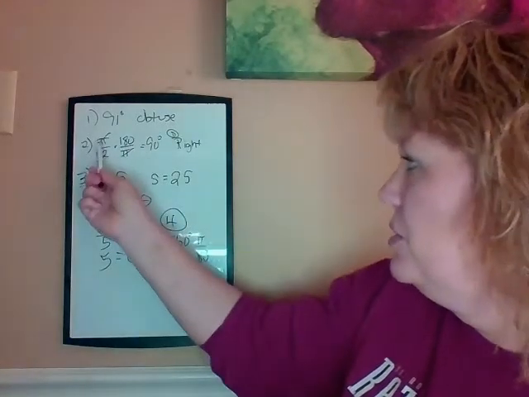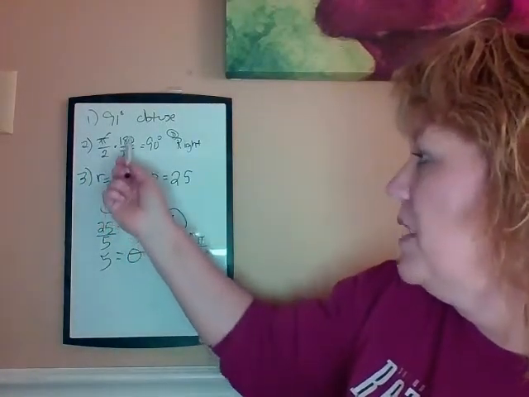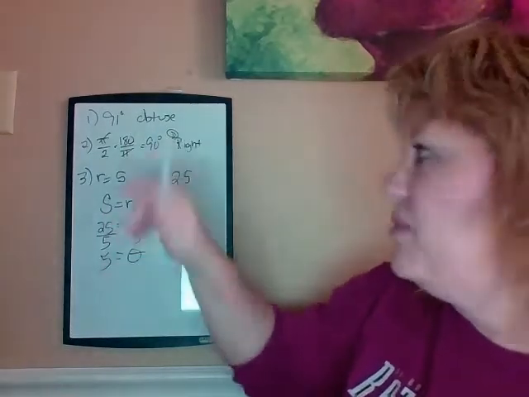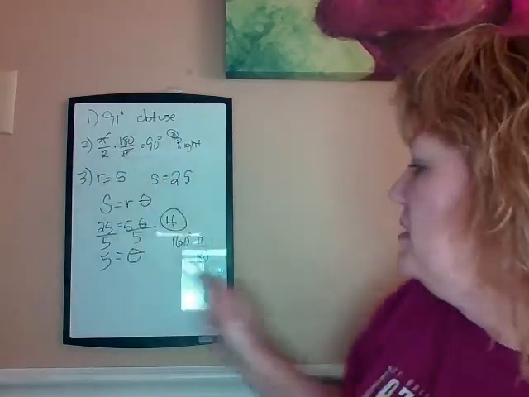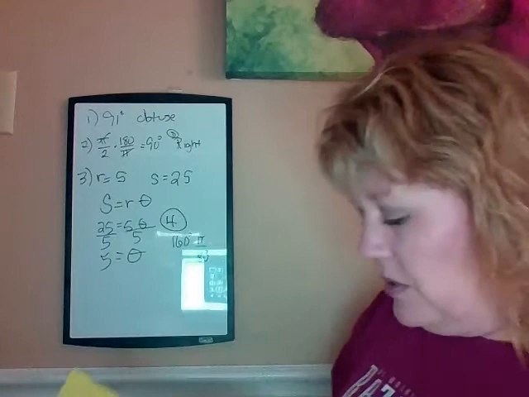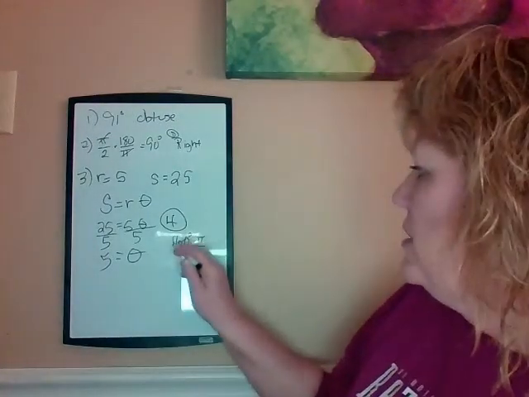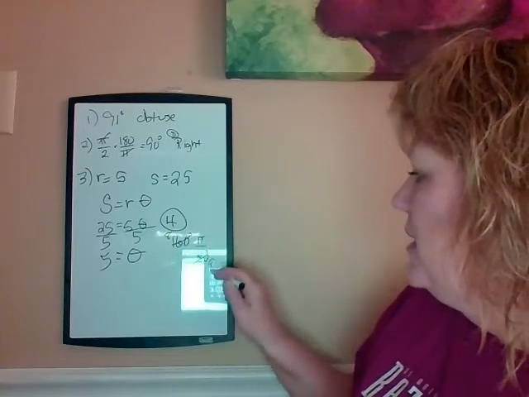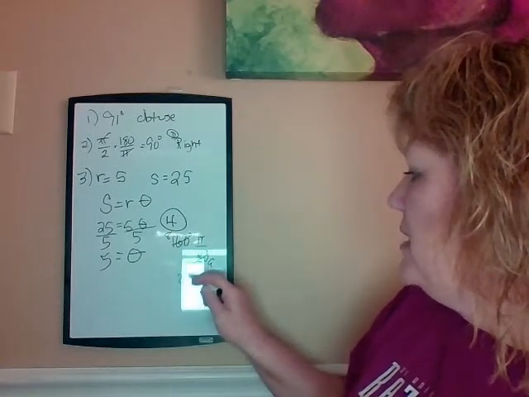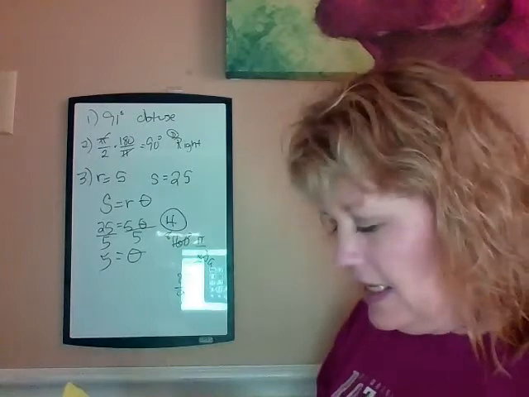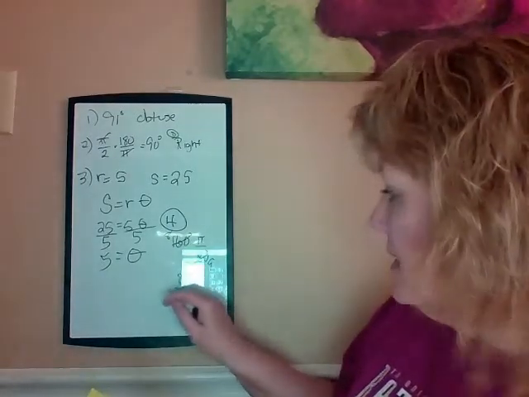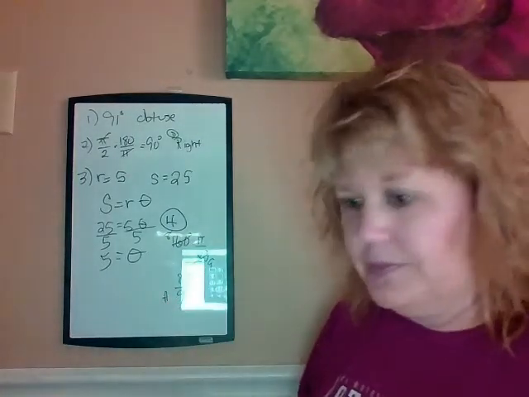Back up here in number 2, we were trying to get rid of pi, so we multiplied by its reciprocal, 180 over pi, so that the pi's go away. Here that simplifies: 20 goes in here 8 times, 20 goes in here 9 times. So this turns out to be 8 pi over 9, and that's radians, and that is answer choice A.